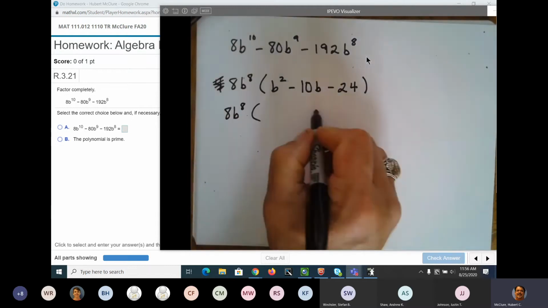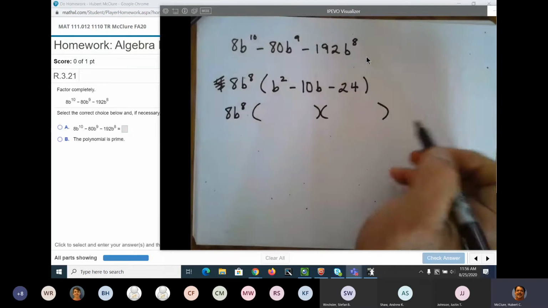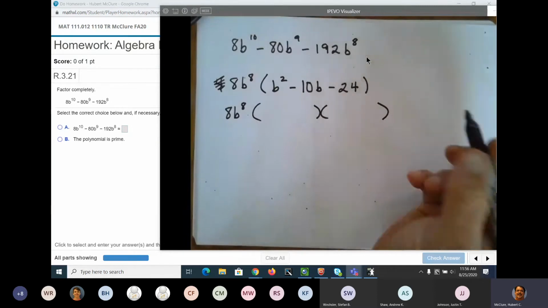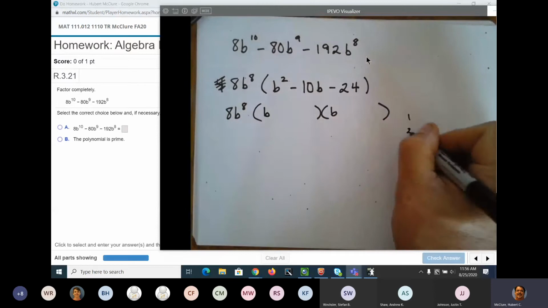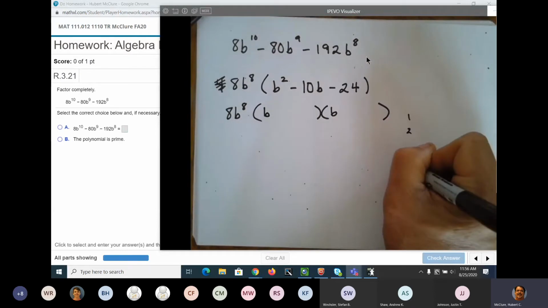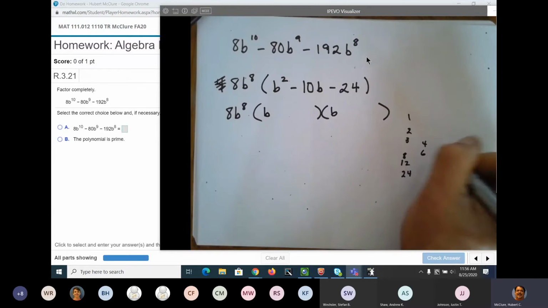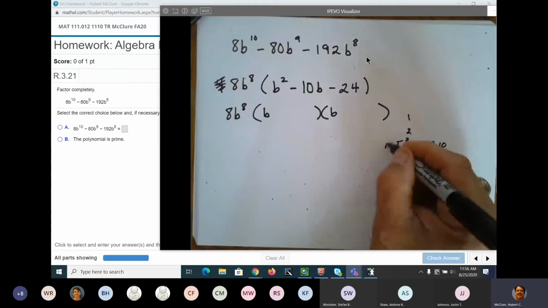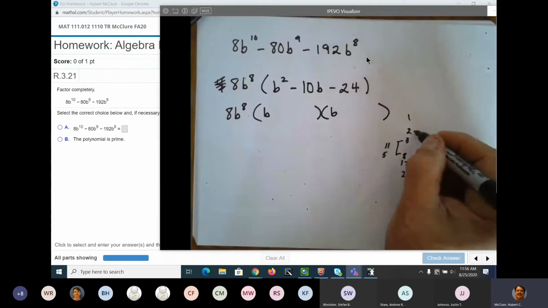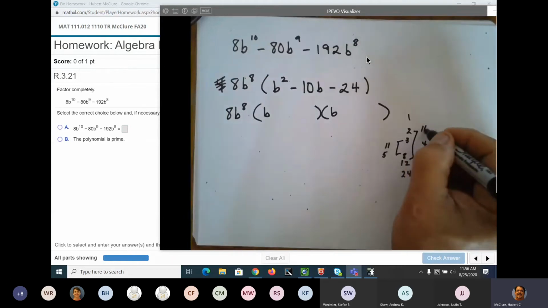We're going to use reverse FOIL, and that'll be a B here and a B here. 1 and 24, 2 and 12, 3 and 8, 4 and 6. 4 and 6 will give us a 10 or a 2. 3 and 8 will give us 11 or a 5. 2 and 12 will give us a 10 or 14.